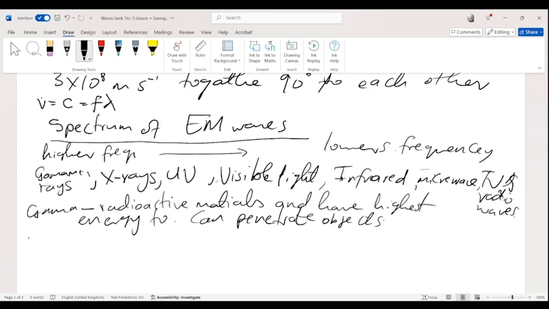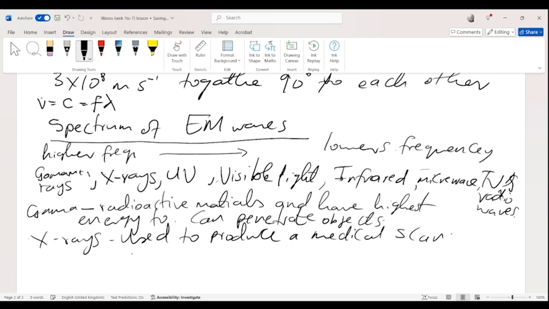Okay, we also have X-rays. They are used to produce a medical scan. They can also be dangerous, so you don't have to think that X-rays are less harmful than gamma rays. They are also dangerous.